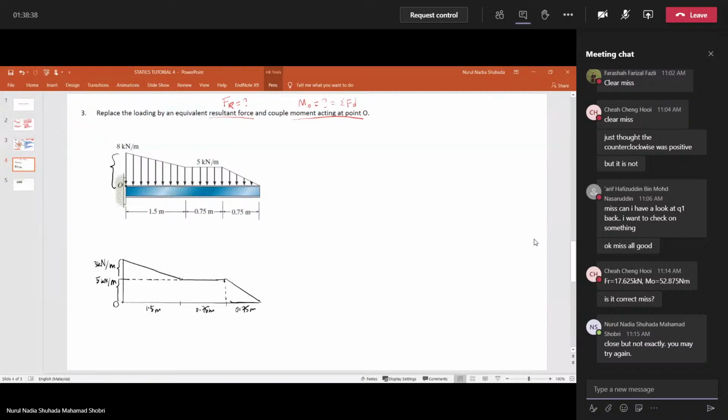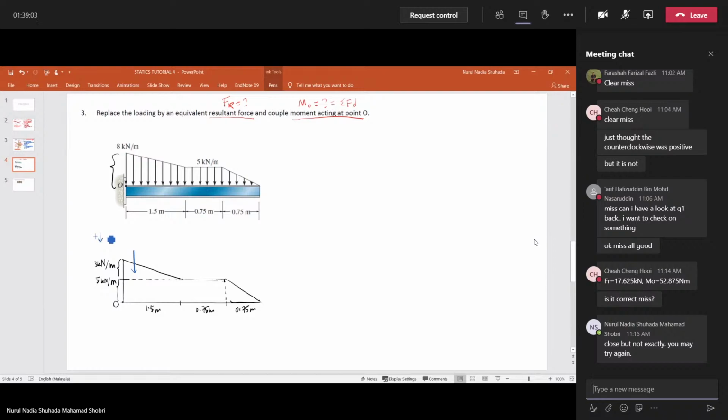So now we have to find the individual force according to the area first. So we will find the first area here. Since all the forces are pointing downward, so we can just define our forces downward to be positive.